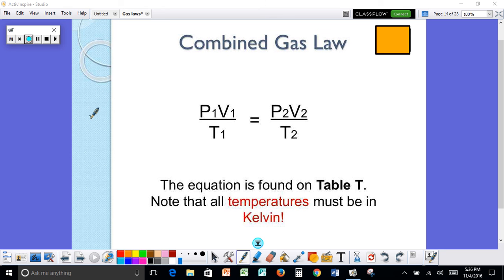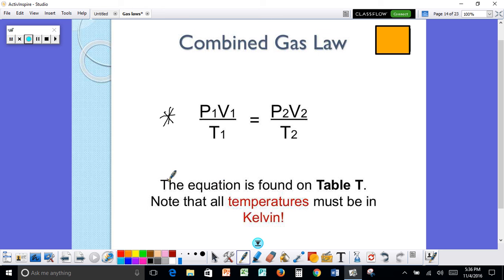Alright, last one. Combined gas laws. This is where we put all three of the previous gas laws together and we can manipulate them. I would recommend remembering this equation, this setup, because any of the previous three types you can use this equation to solve it. Whether it's Boyle's, Charles, or Lussac, you can use combined law to solve for it.